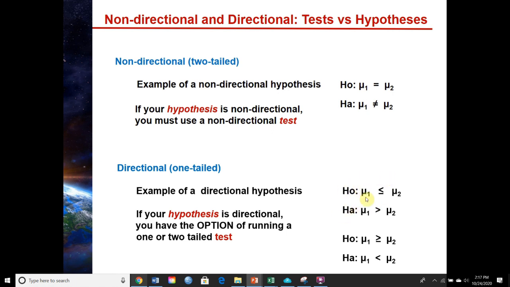Just because you have the literature and you want to make a directional hypothesis doesn't force you. You have the option. You can do a one-tailed test or you can do a two-tailed test. So you have more doors open to you here. On the other hand, those doors close if you have non-directional hypotheses, because then you violate that first rule for a directional test. You have no choice. You have to do a two-tailed test.